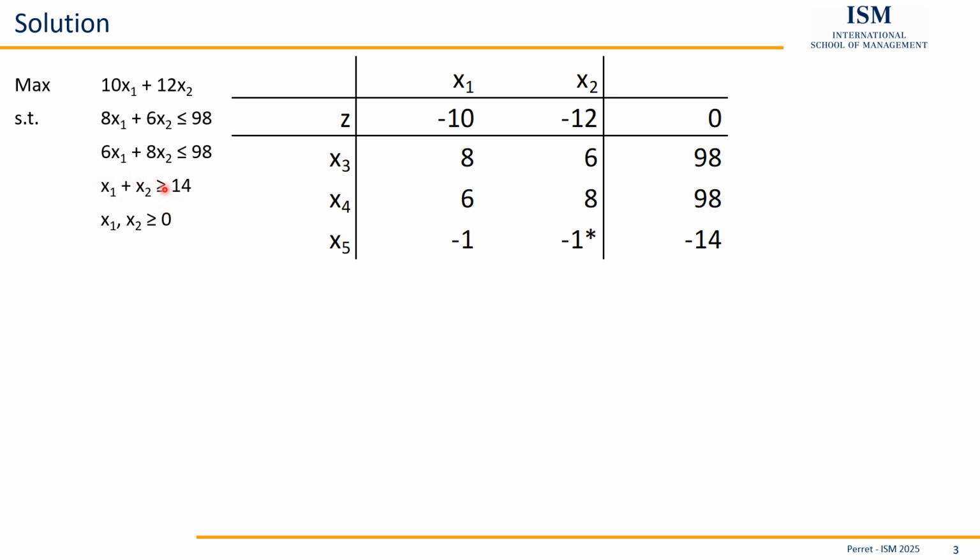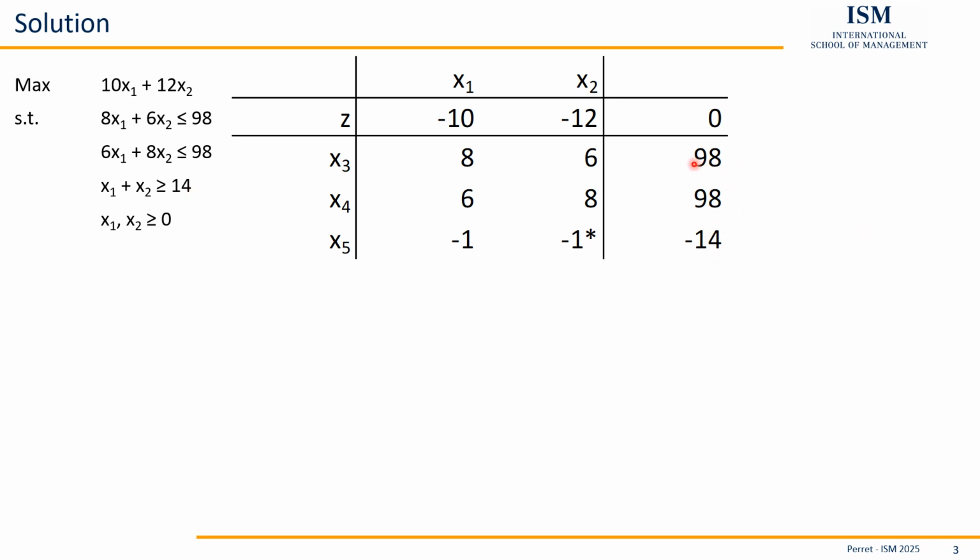Then this sign will change, but all the coefficients will also become negative and the right side value will become negative. So coefficients for x1 would then be 8, 6, -1, and coefficients for x2 would be 6, 8, -1. On the right hand side, I will get 98, 98, minus 14.